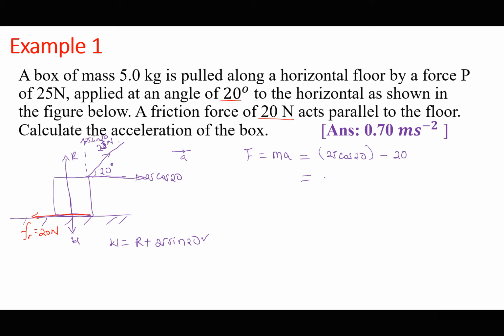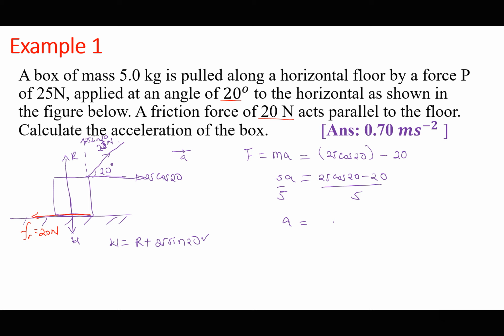So I can press my calculator here. The resultant, the mass is 5, so I'll say 5 times a equals 25 cos of 20 minus 20. And I will divide both sides by 5. So the acceleration is going to be 25 cos of 20 minus 20.